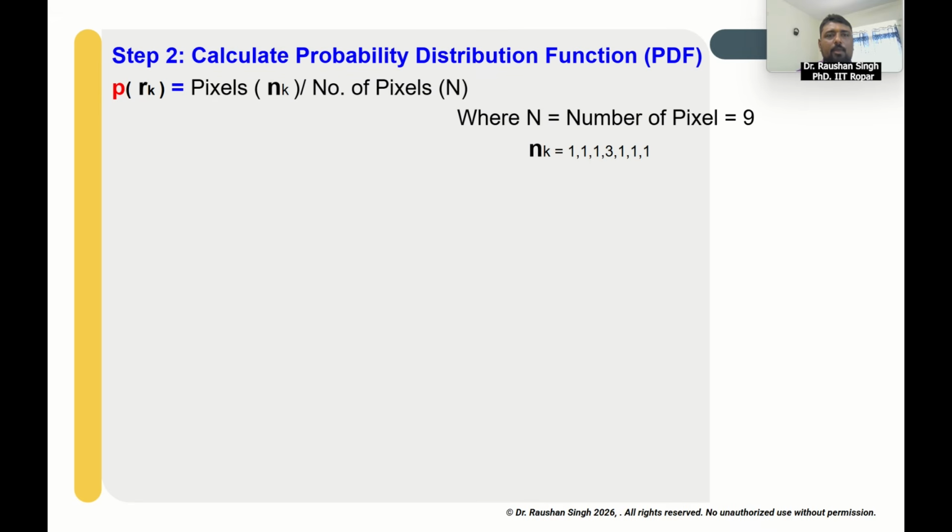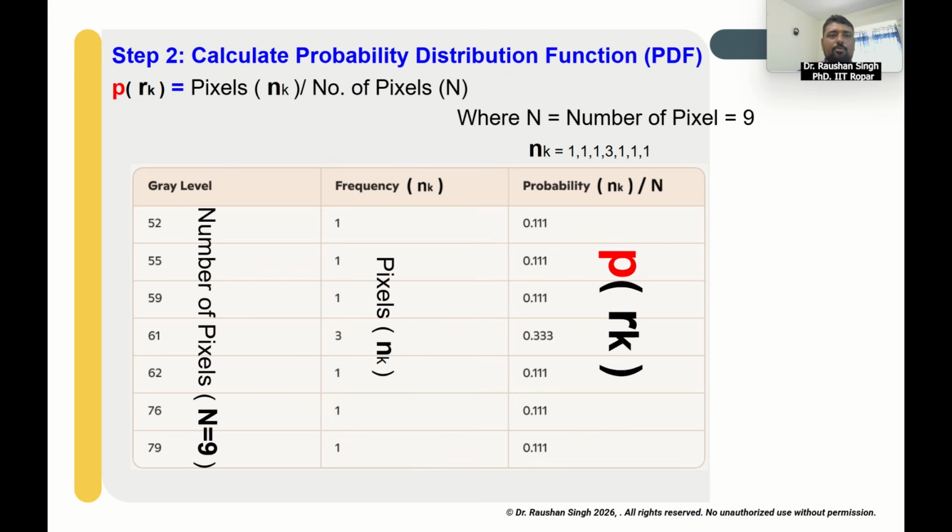The second step is to calculate the PDF, the probability distribution function, which is a very simple calculation. I'll show you. We have these different gray levels and these frequency values. Then we have to calculate the probability.